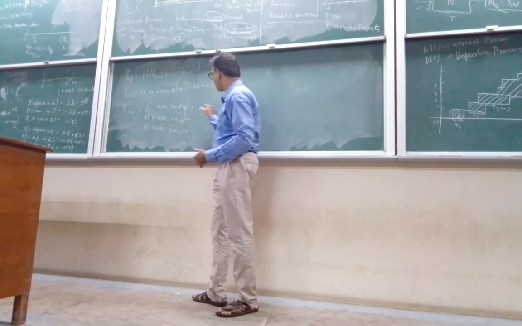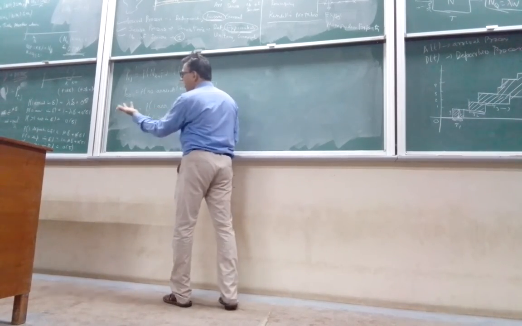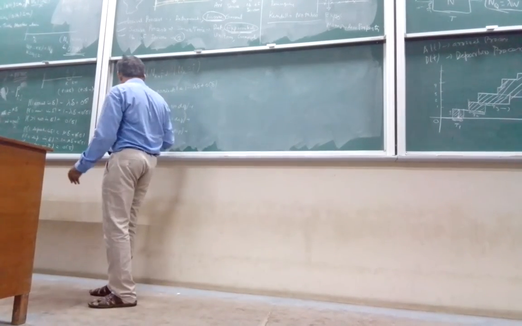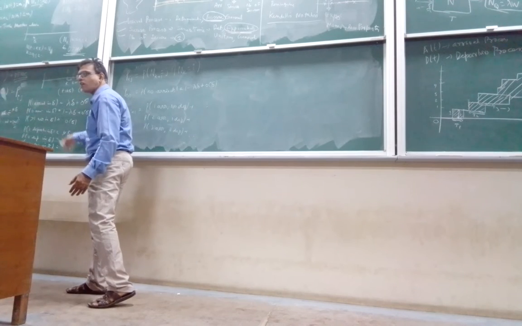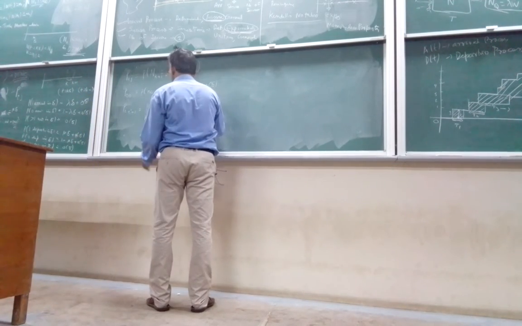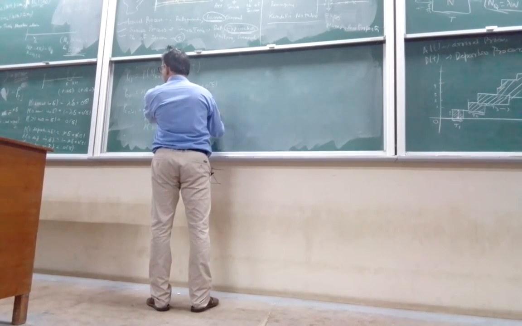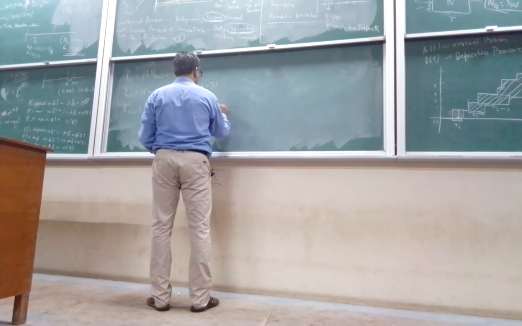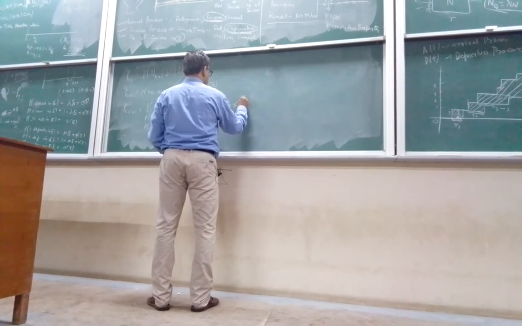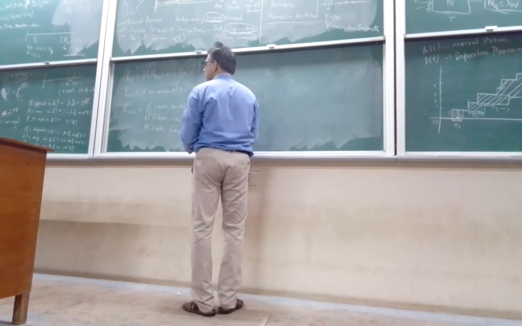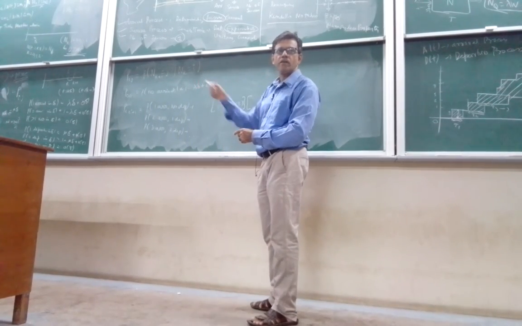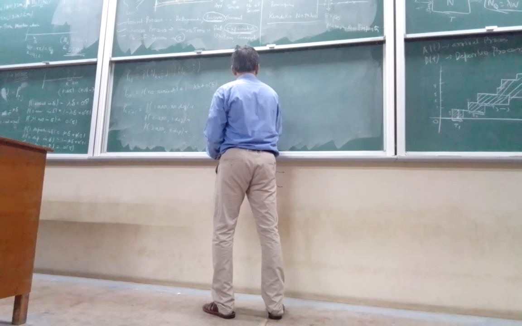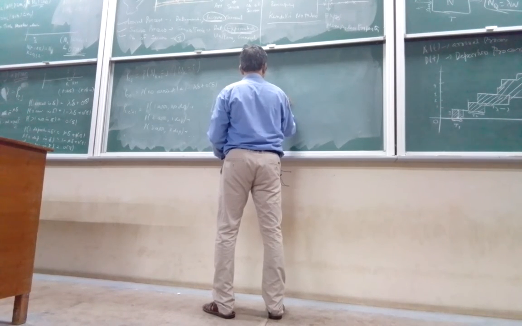Similarly, these can be factored. So the first thing is the probability of one arrival. For all these things you have to read it from these 6 formulas and then write it. One arrival is lambda delta plus order delta. No departure is 1 minus mu delta plus order delta.